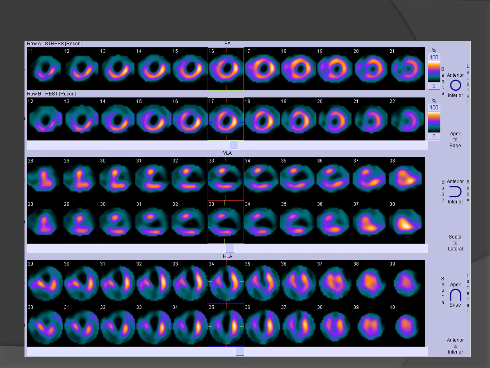Then for rest, the patient doesn't do anything, just comes to the department, and we inject the tracer and image. If we have these two fixed defects, it means it's an infarction.